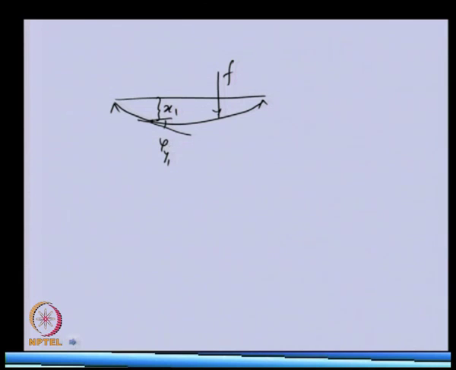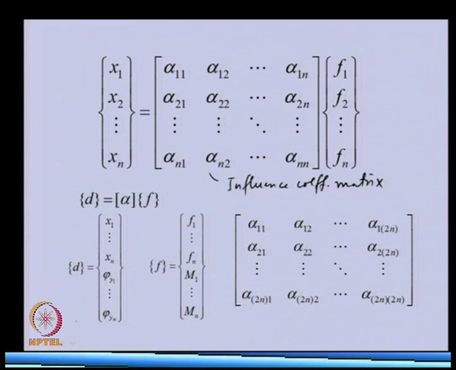So, the previous analysis we can extend like this. Instead of only the linear displacement, we can add the angular displacements. Also in the force vector, instead of only the forces, we can add the moments.